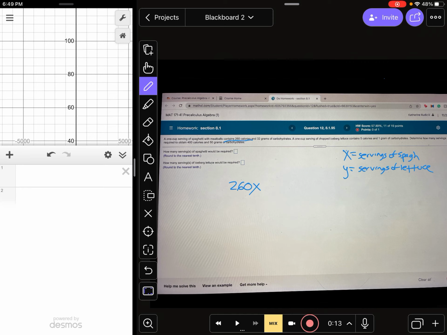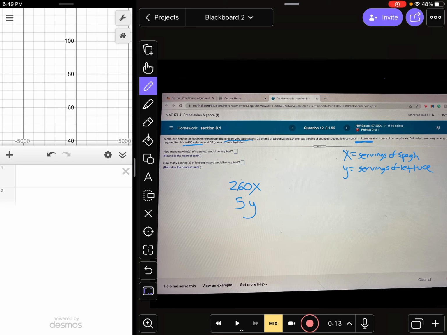I know for the lettuce, it's 5 calories per serving. So that would be 5y. Remember, we defined x as servings of spaghetti and y as servings of lettuce. So 5y would be the amount of calories in the lettuce, depending on how many servings you have. And all together, I want there to be 400 calories.